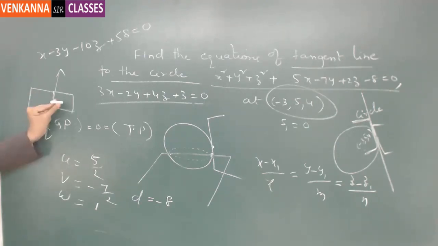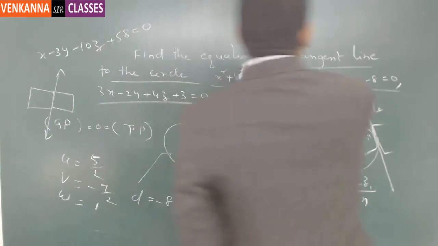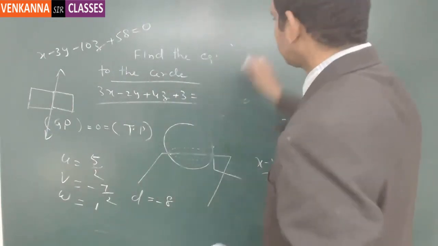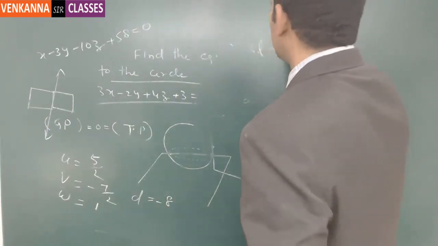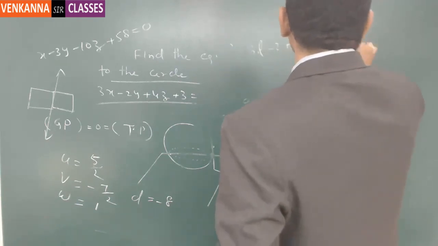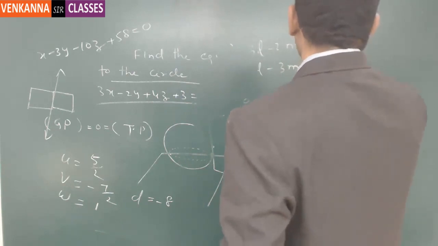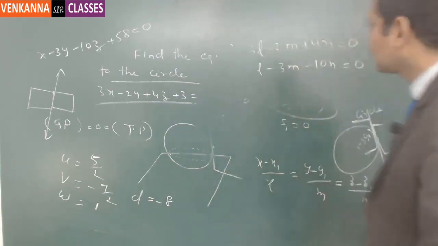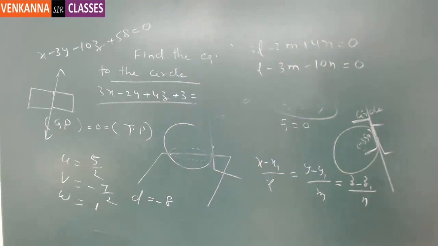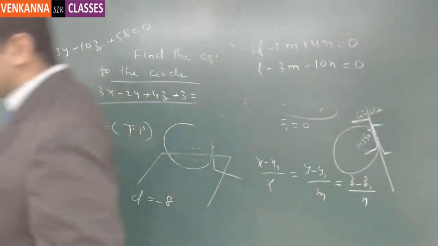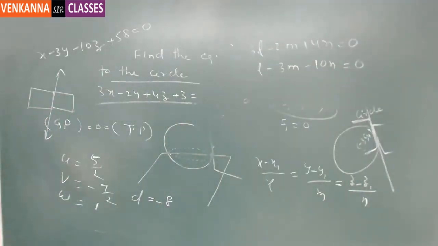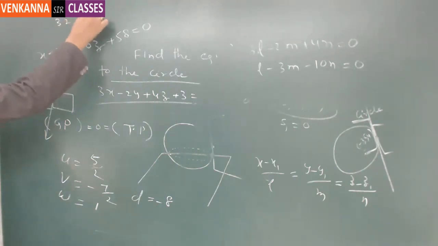So applying perpendicularity conditions for the line DRs as well as plane DRs, you will get the two equations as 3L minus 2M plus 4N is equal to 0 and L minus 3M minus 10N equal to 0. So if you solve that, element values will come as 32, 34 and -7.